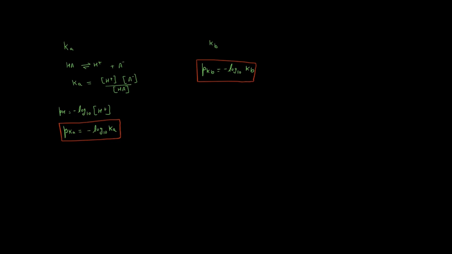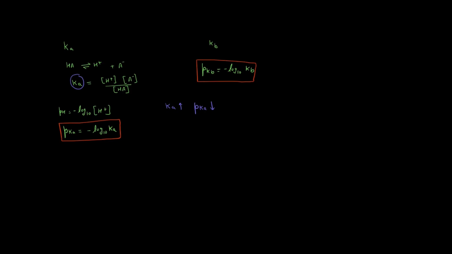Okay. So if Ka increases, if the equilibrium constant of acid increases, it means we have more H plus ion concentration and more A negative ion concentration, and then our Ka will increase. In that case pKa will decrease. So if Ka increases, pKa will decrease.